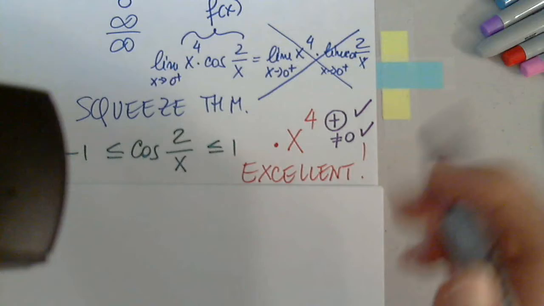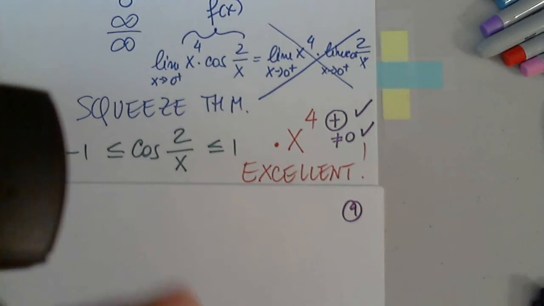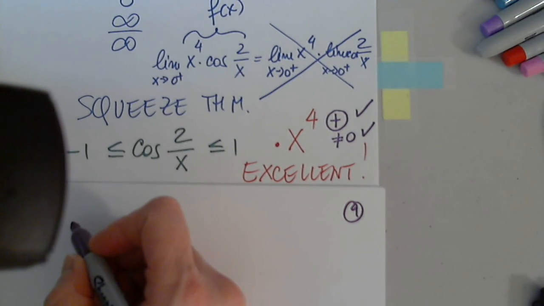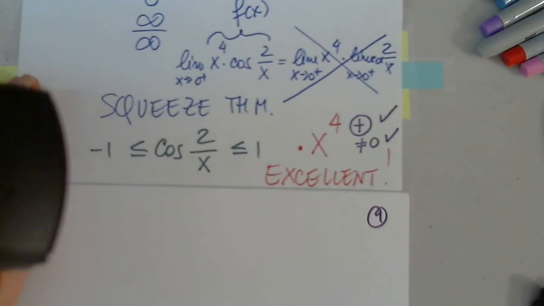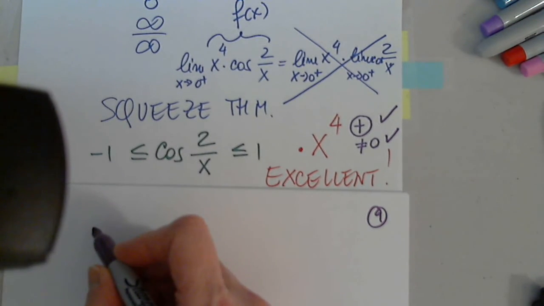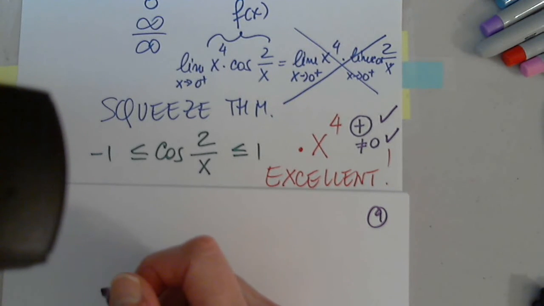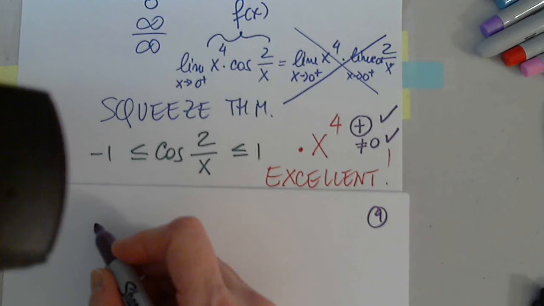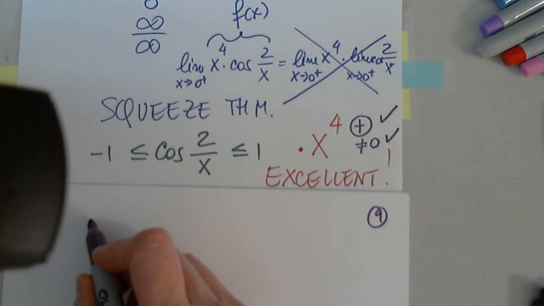Can anyone tell us what we get? Anyone? Gia, would you like to try? Will it be x to the 4?